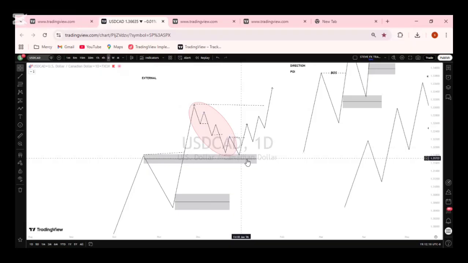the market will react to a higher time frame point of interest to play out, or to continue playing in a direction.